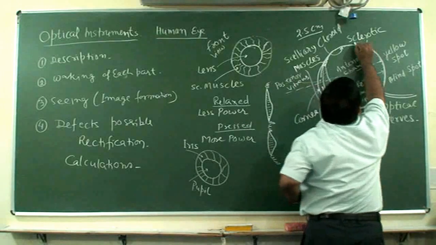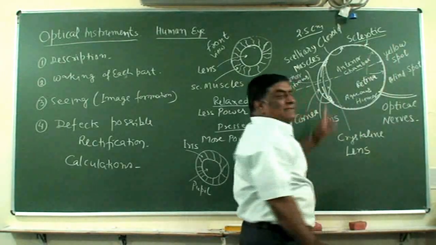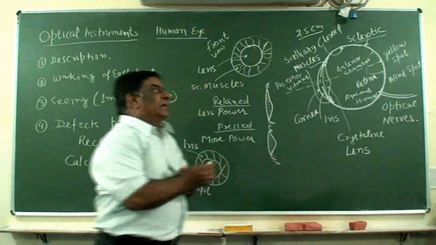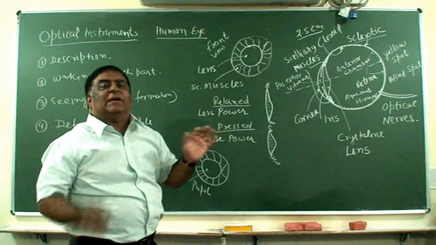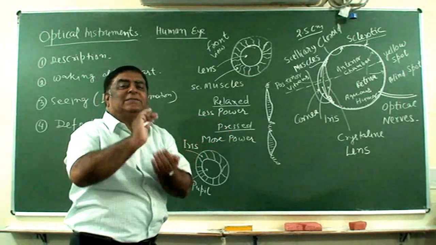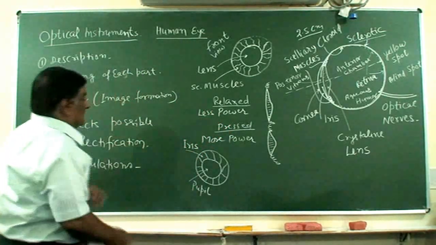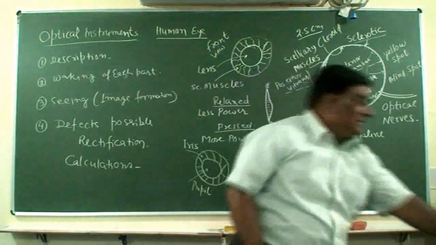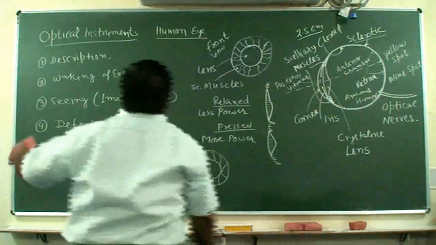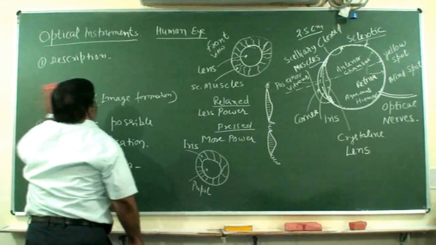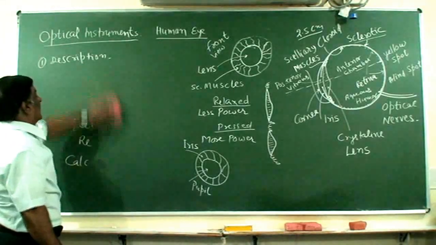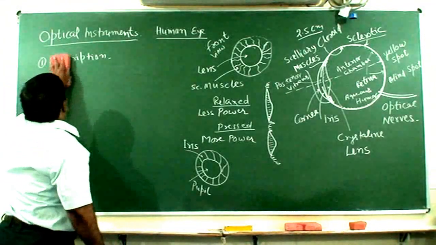That hard shell is known as sclerotic. Now this sclerotic, what does it do? It just contains all the parts inside it. So this is the first part, sclerotic. This is a white, hard material which contains all the parts of the eye.